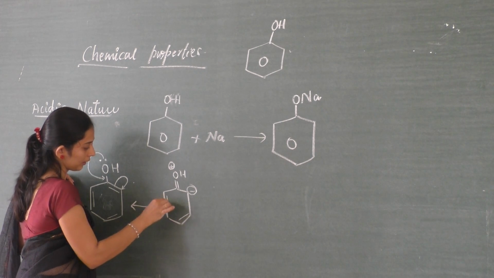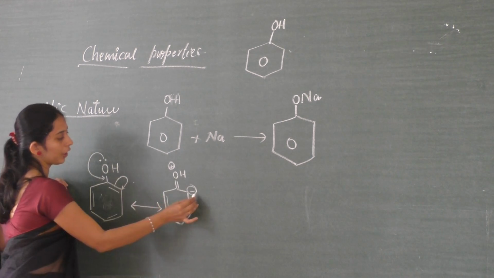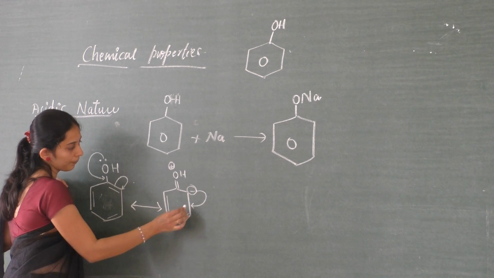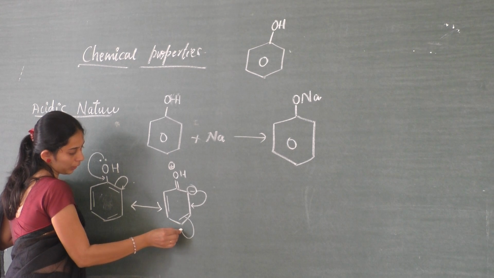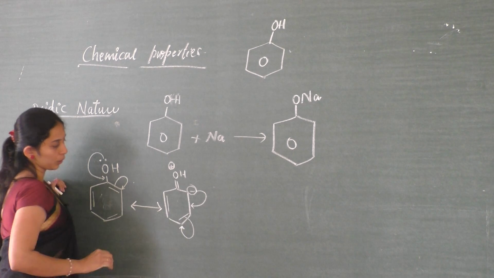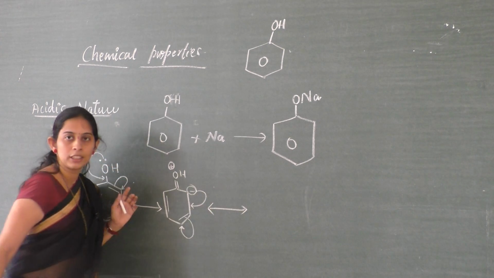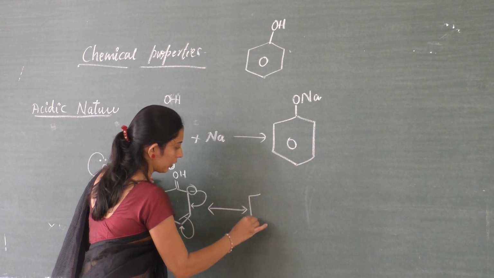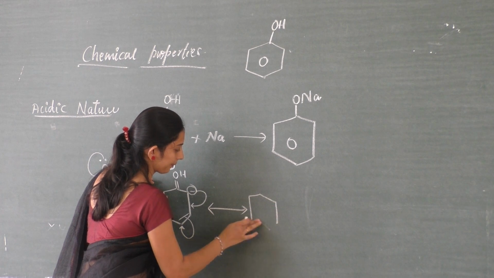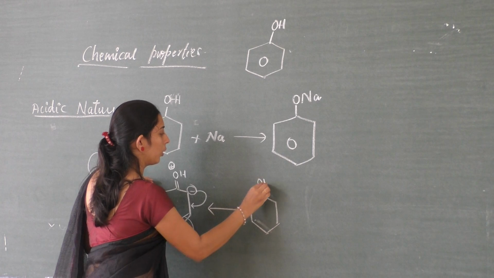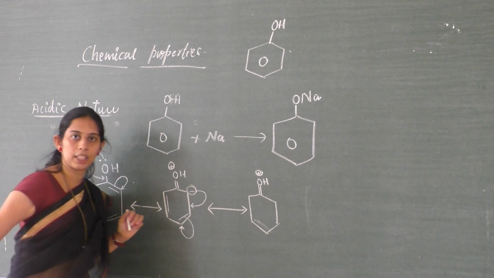Next, somewhat like this. Again continue the process. The negatively charged one shifts to the next position. At that time this double bond will move to this position to satisfy the valency. So you have to write the resonance structure. If I write like this, here again double bond, OH, positive charge here.